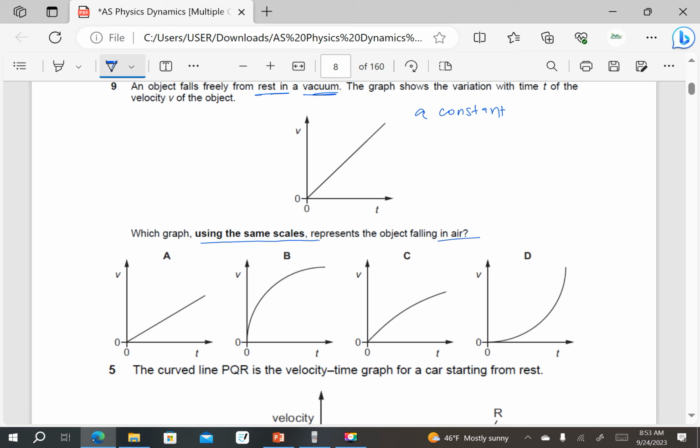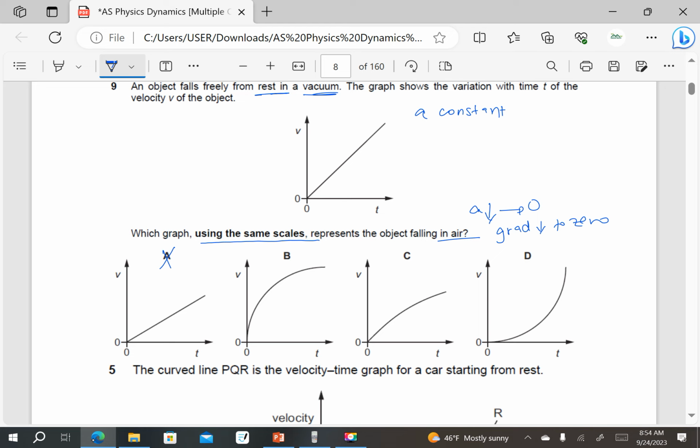If there is air resistance, the acceleration is not constant, which makes A wrong. If there is air resistance, the acceleration is bound to decrease and will tend to zero. And how do we show that? The gradient should decrease to zero if the acceleration decreases.